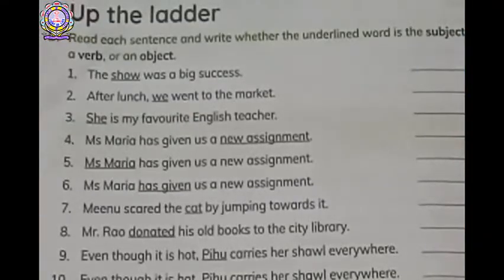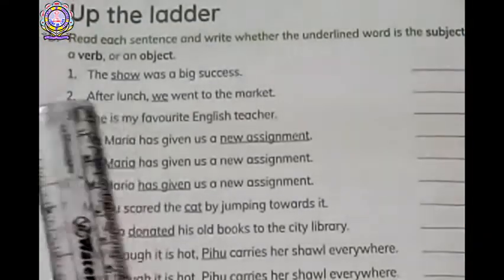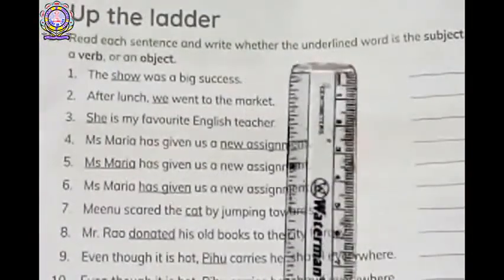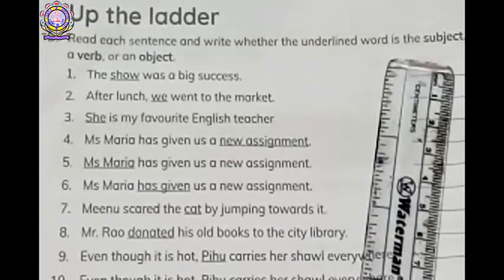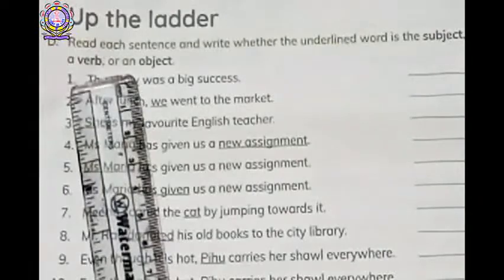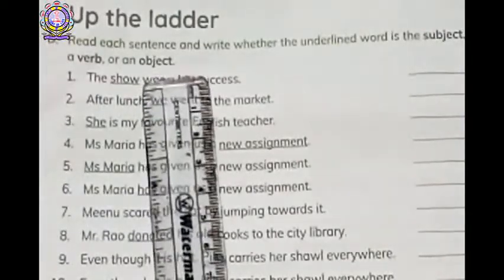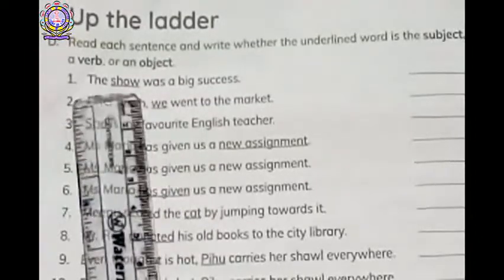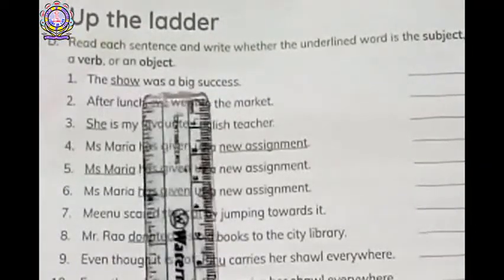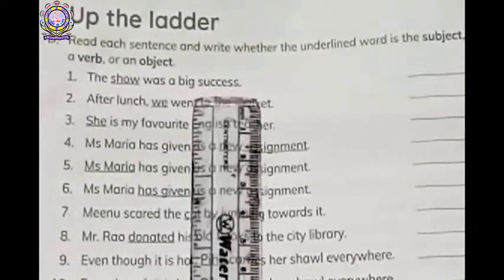Now look at this exercise D. Read each sentence and write whether the underlined word is the subject, a verb or an object. Okay, we have to look at this sentence. The show was a big success. So the underlined word is show.